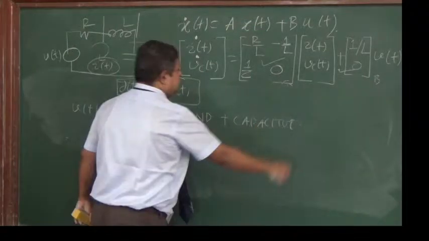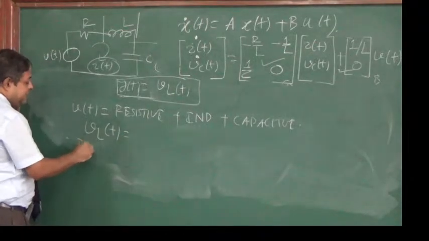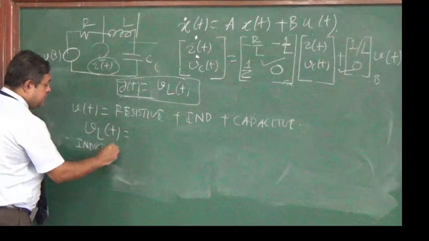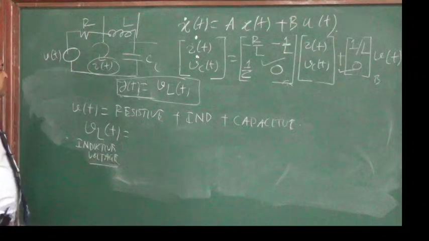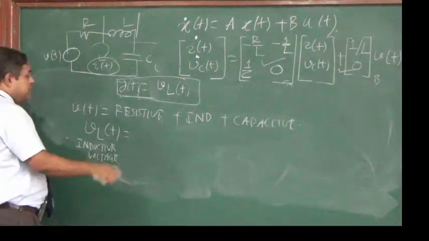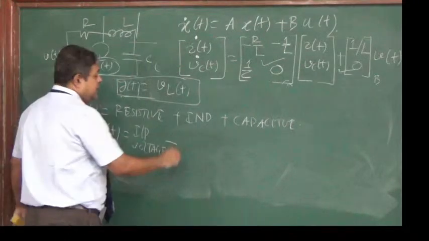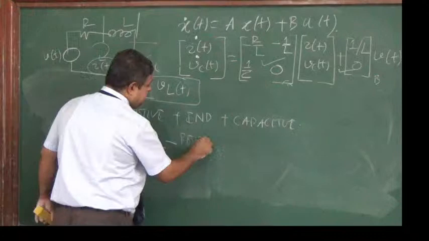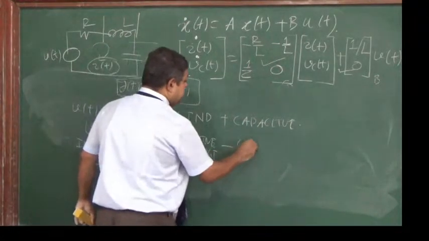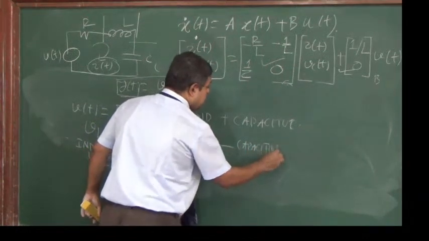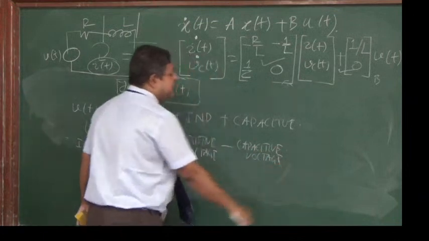What I want is vL(t), the inductive voltage. What is the inductive voltage? It is equal to input voltage minus resistive voltage minus capacitive voltage. This is very simple, nothing but addition of voltages, nothing but KVL you are writing.